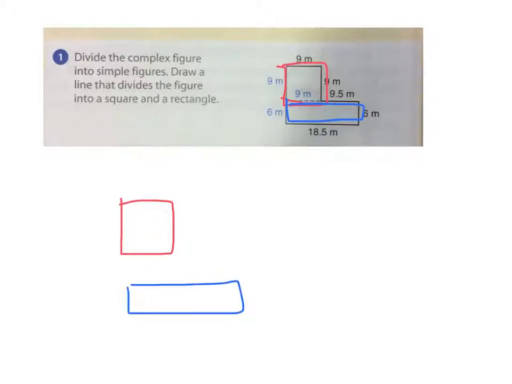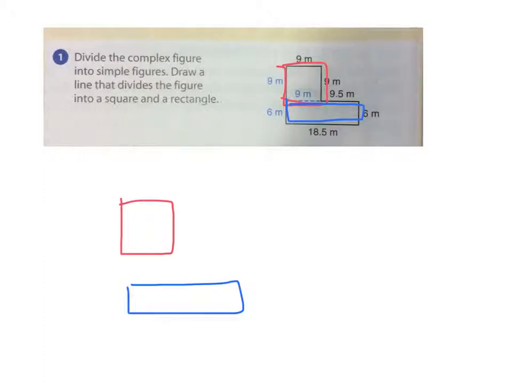How do we find the area of the total thing? Should we add up the sides in order to find the area? Oh, area. We need to multiply the base by the height. So first we split it up into a square and a rectangle, and then we find the area of each individual figure in order to find the total area.